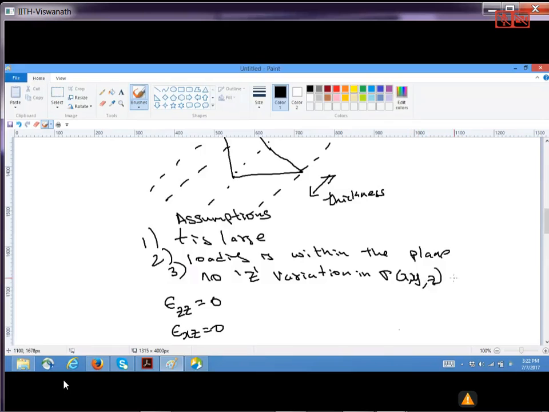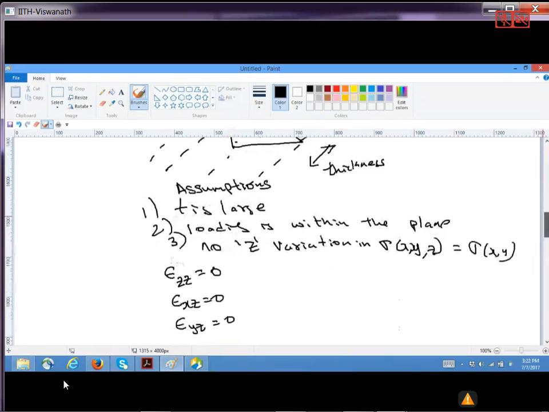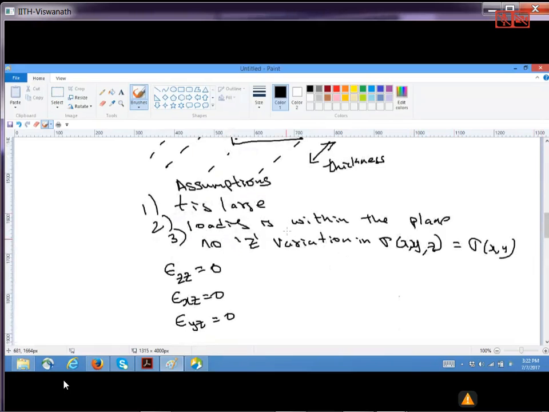In that case, your epsilon zz, epsilon xz, epsilon yz equal 0. Because of it, sigma xz equals 0, sigma yz is also 0. However, sigma zz would be E by (1 minus 2 mu)(1 minus mu) times epsilon 11 plus something of this form. I may be wrong in the expression, but next time I'll check.